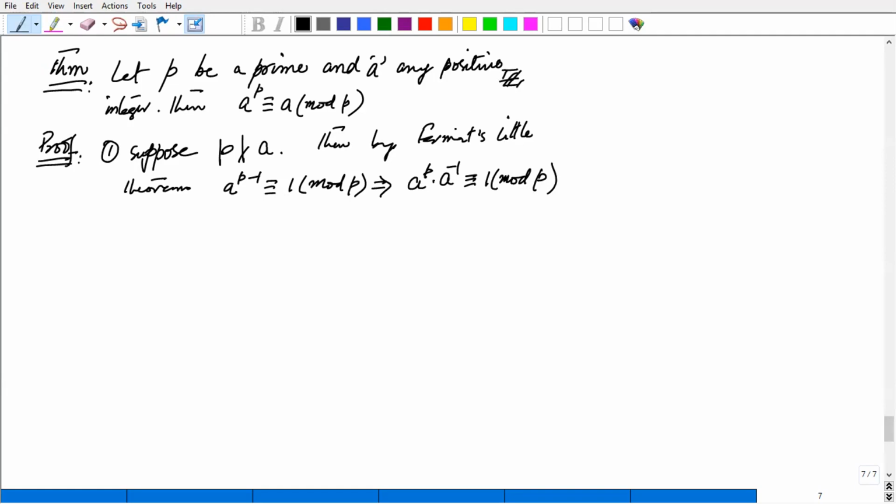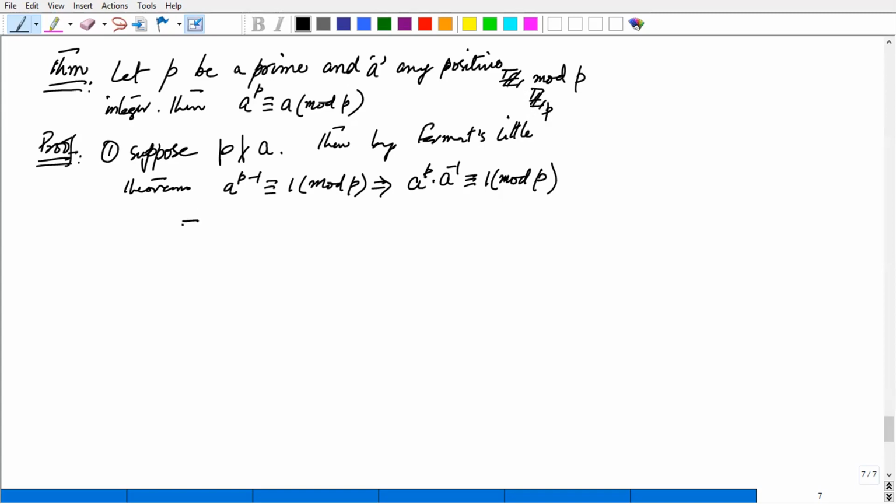So all powers of a, all integers, belong to Z modulo p, or Zp. So Zp is a field, so every non-zero element has an inverse.